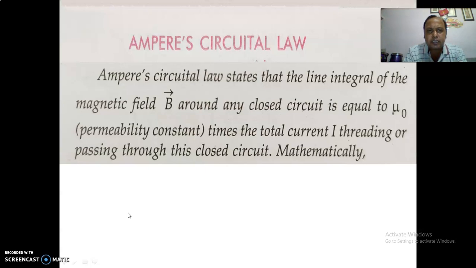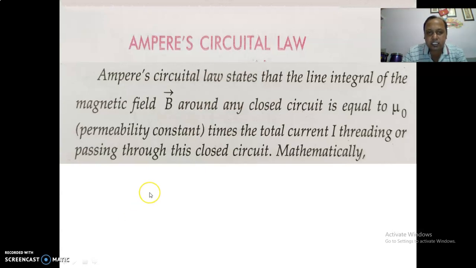Line integral of magnetic field here means integration B dot dl, where dl represents the small length. If we integrate B dot dl over a closed loop, it will be equal to mu naught times the total current threading that closed loop. It means the total current which passes through that loop.